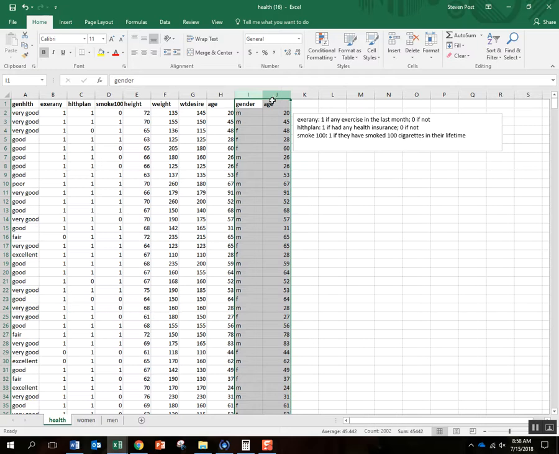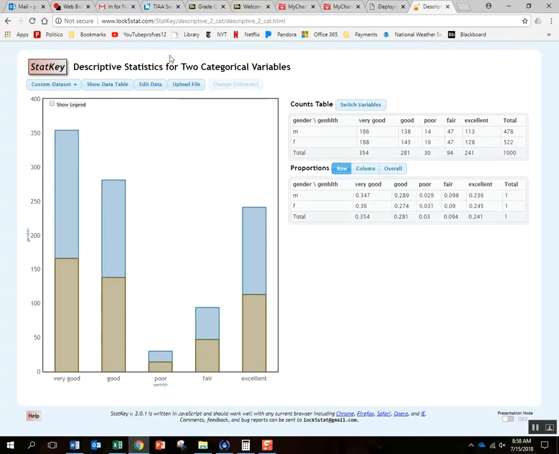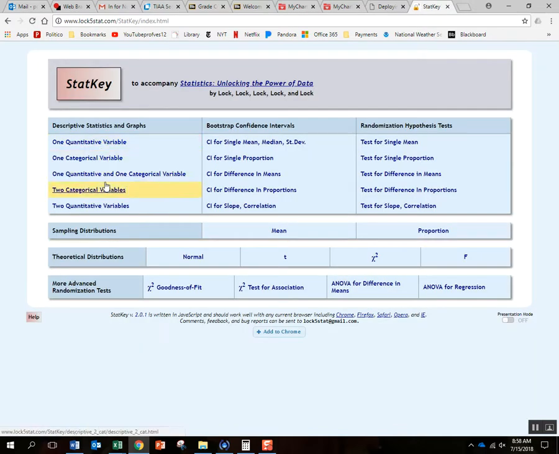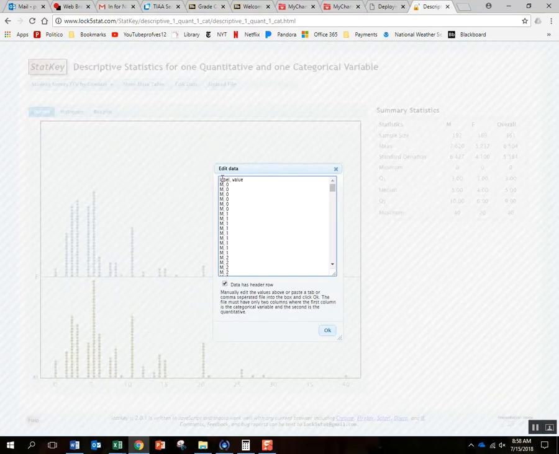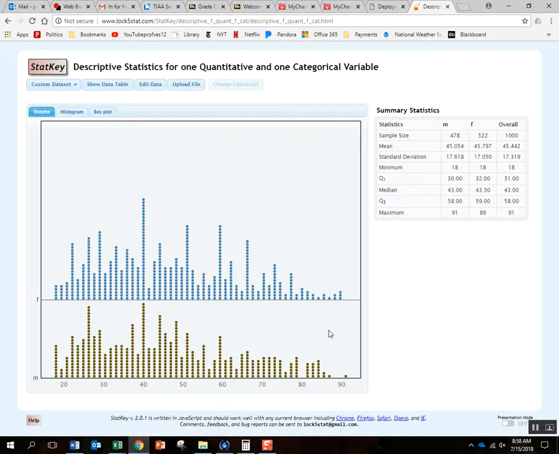So copy these two. Go back to StatKey. Now we've got one categorical variable, gender, and one quantitative variable. So we put in our data, and look what we get.